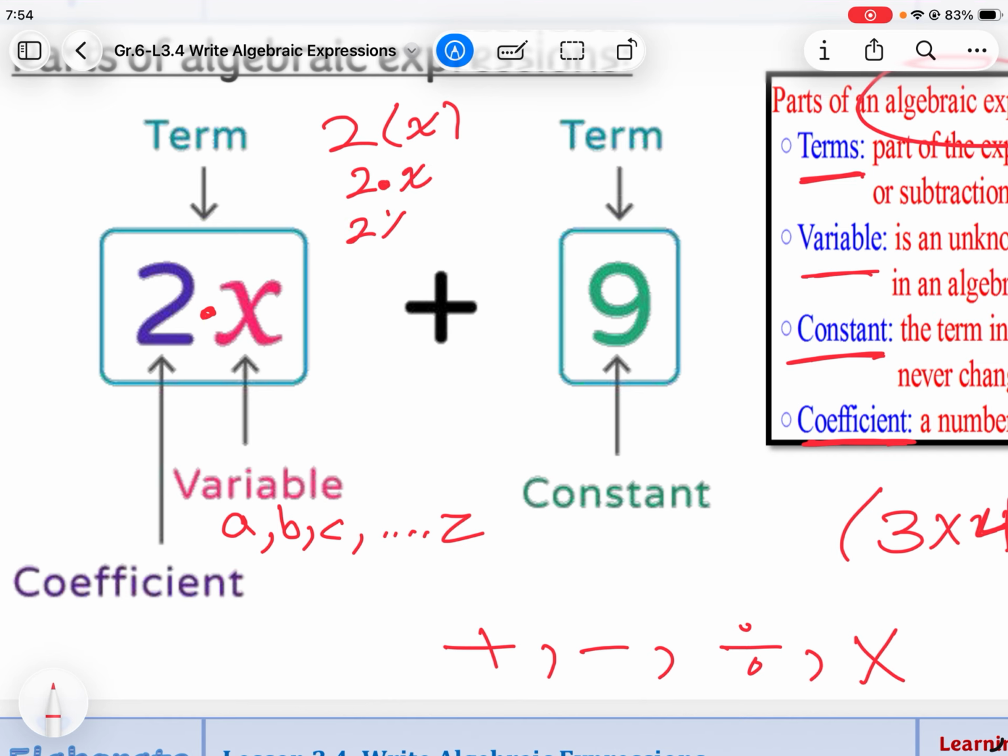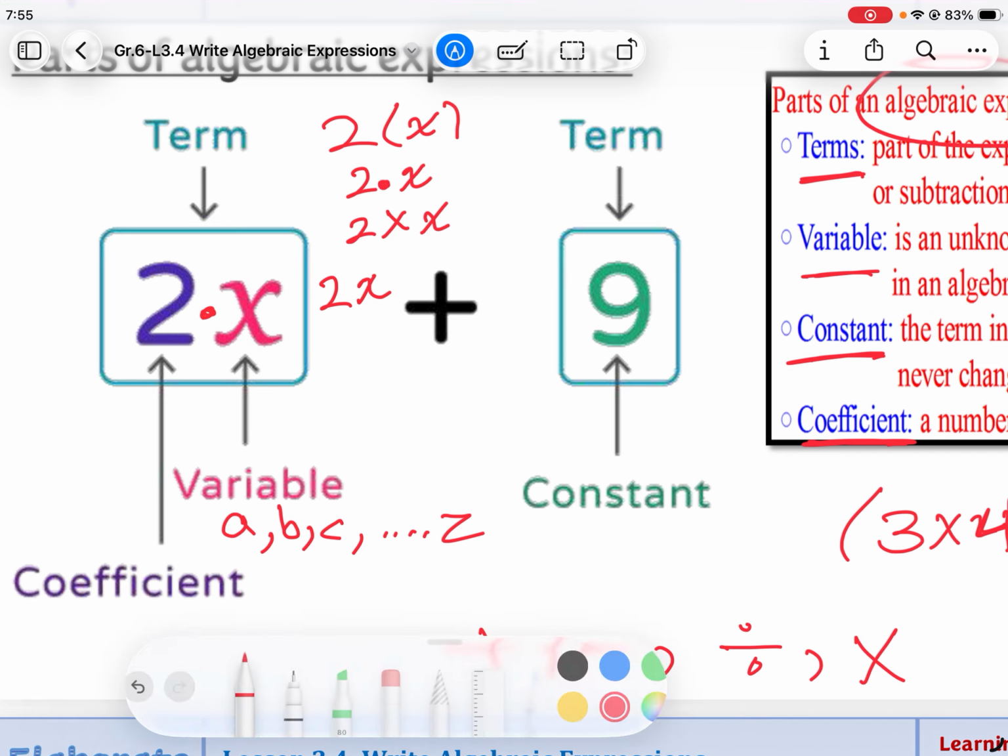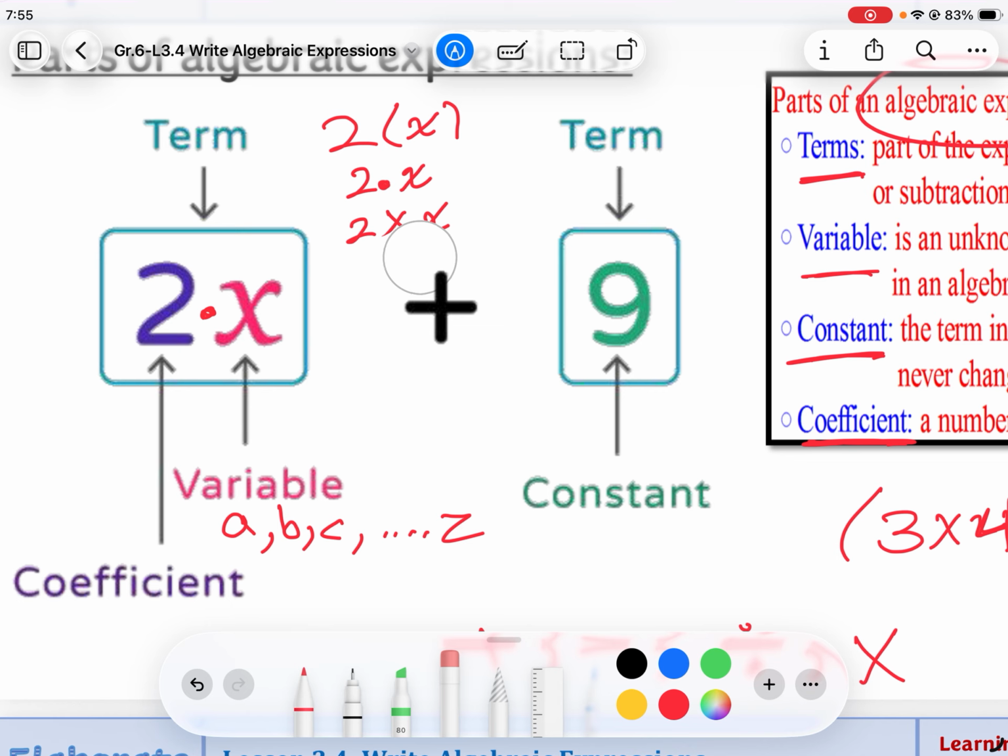You can also write it with a times sign, but we don't prefer that because you'll have double x's and get confused. The way we do it is we write nothing, we just put 2x. You should know that the operation between 2 and any variable next to it is multiplication by default. You're going to start seeing this a lot in grade 7. So all of these indicate multiplication.